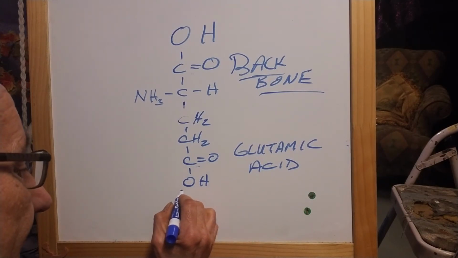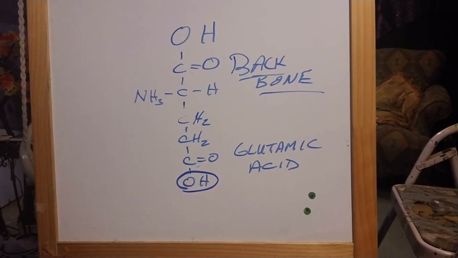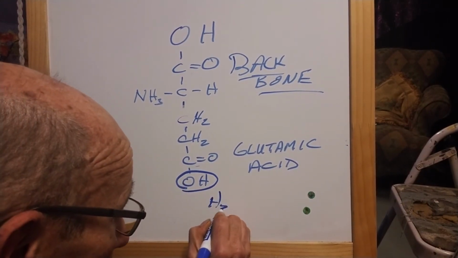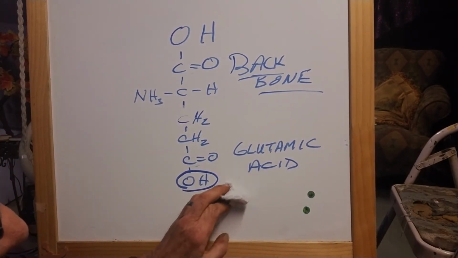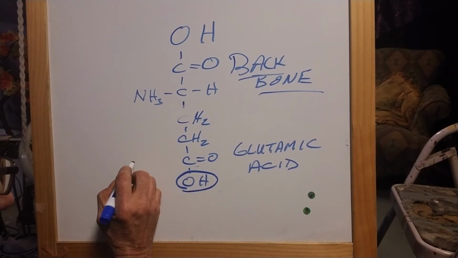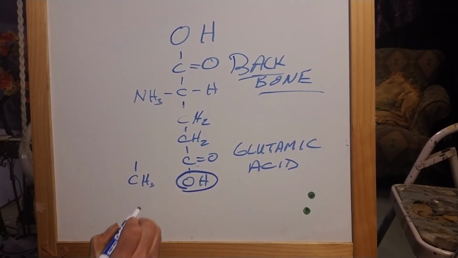An OH, the hydroxyl, loves the water because that's mostly water, H2O. If an amino acid ends in CH3, it's no big deal. It has no big affinity for water, whereas OH does.